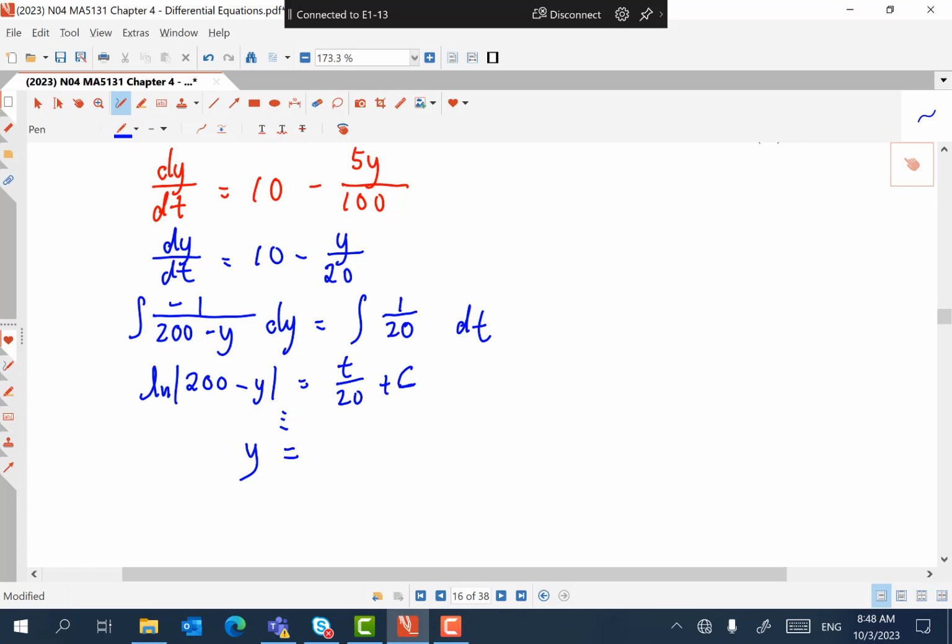Okay, in any case, you will say it is 200 minus A e to the power of... So I leave you to fill in the gaps leading to this line. And then using the condition that at t equals 0, how much do you have?